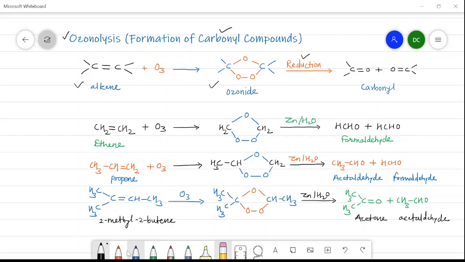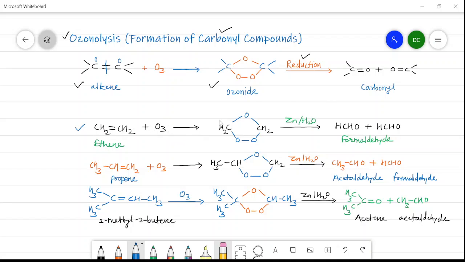You can see here the reactant, that is alkene, and the carbonyl compound. You can identify there is a breaking of a pi bond as well as a sigma bond, and there is addition of oxygen on this side and oxygen on this side, so that the alkene is converted into the corresponding carbonyl compound.